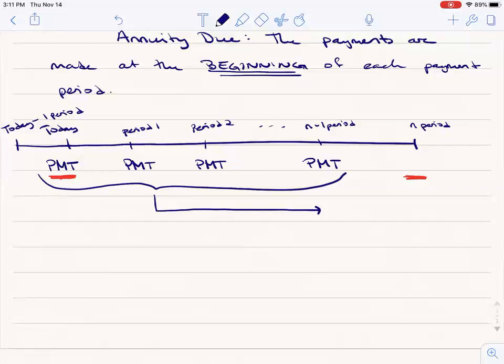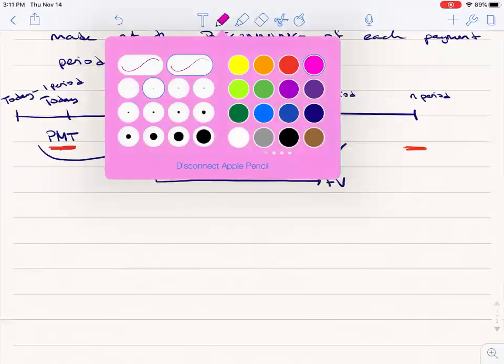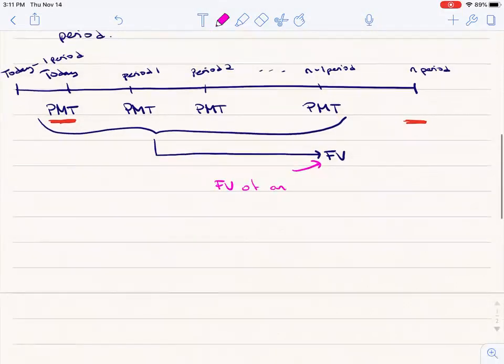We know what the formula looks like for an ordinary annuity, we talked about those formulas last day and used them. And so this future value, if we just end at the n-1 period and ignore that last period, is going to be the same as the future value of an ordinary annuity.